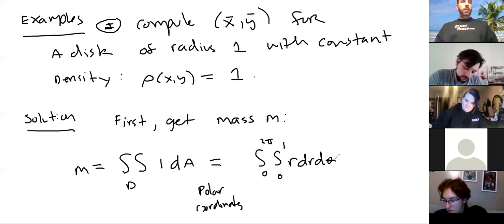Again, I'm looking at a disk of radius 1 with constant density, centered at the origin.